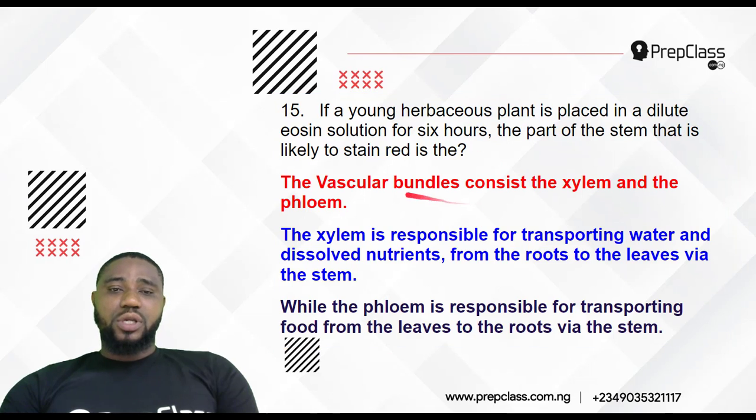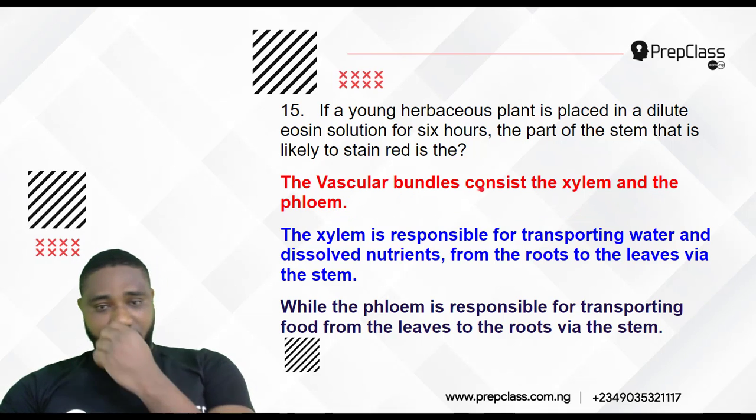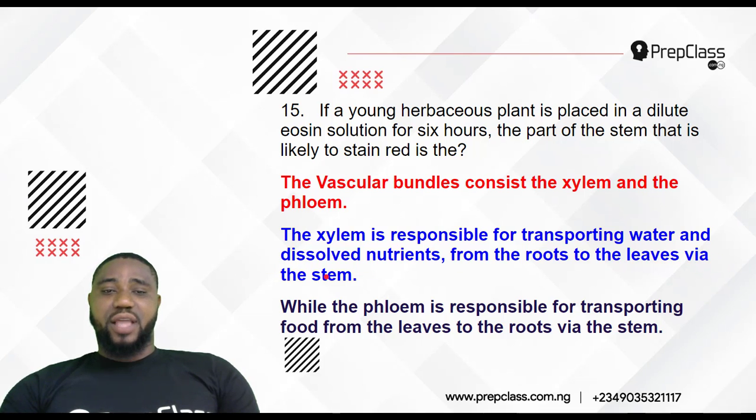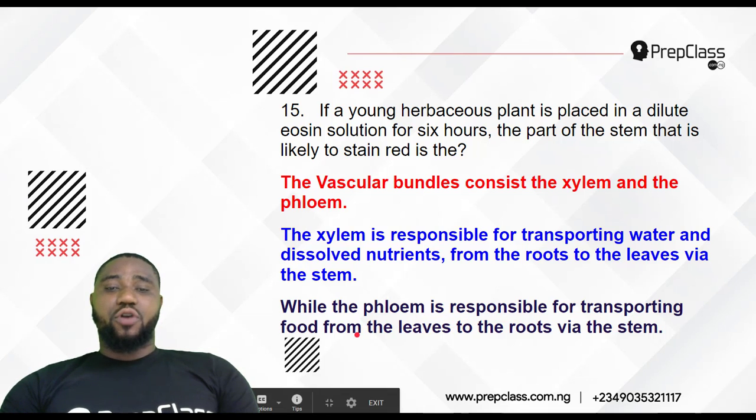Now, the vascular bundles consist of the xylem and the phloem. If you don't know that today, the vascular bundle consists of the what? Xylem and the phloem. The xylem is responsible for transporting water and dissolved nutrients from the roots to the leaves via the stem, while the phloem is responsible for transporting food from the leaves to the roots via the stem.